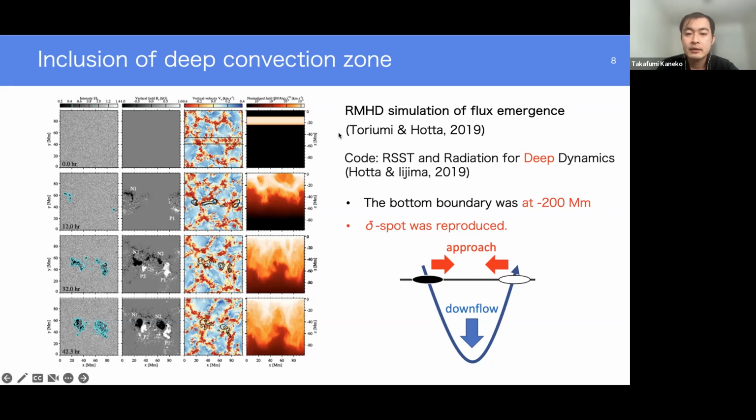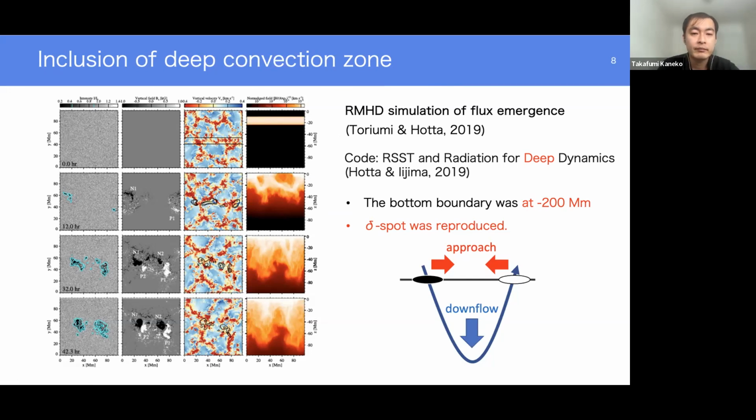For example, this is a result of Toriumi and Hotta 2019. This flux transport simulation includes a simple flux model, in a relatively shallow layer of around 15 megameters.